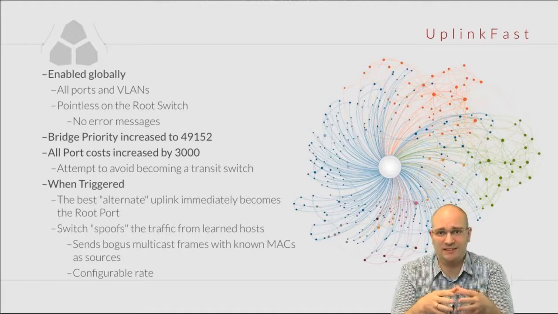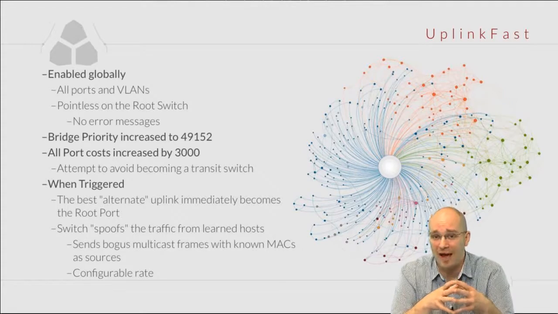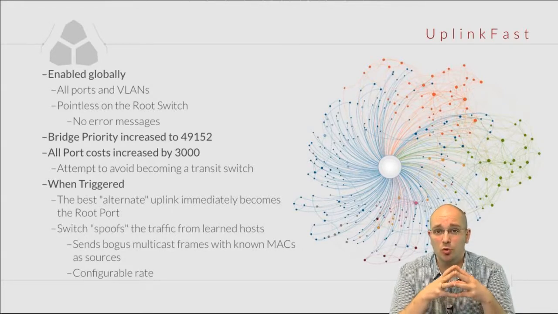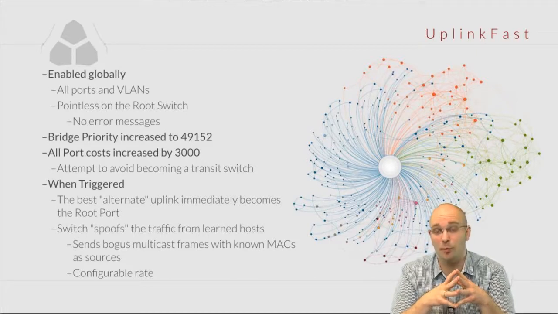When that happens, the UplinkFast feature is going to actually keep track of all these ports. And when the root port disappears, when we lose the connection to the other side, when that port fails, the switch can look at the stored copies of BPDUs received on those, quotes, alternate ports, and it can determine which one of these uplink ports can actually be promoted to become a root port.